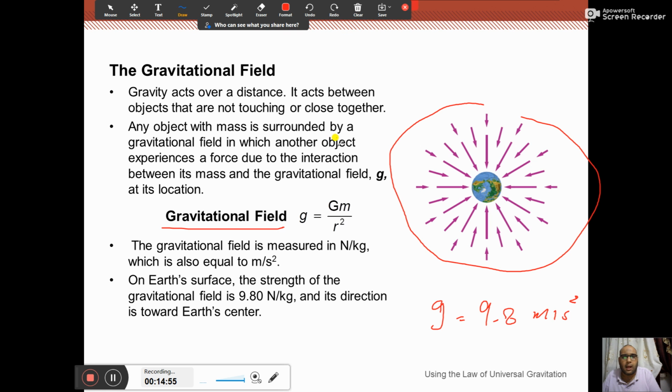By moving away from the Earth, the force of gravity, or the gravitational field itself, decreases. Far enough from the Earth, it is going to vanish.